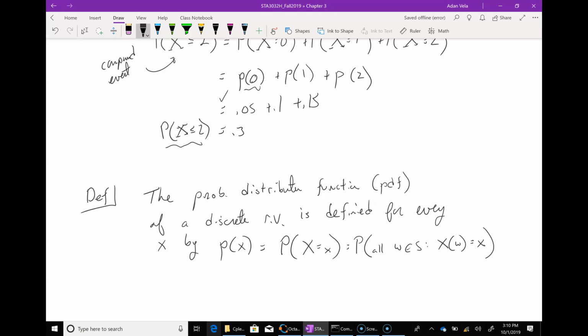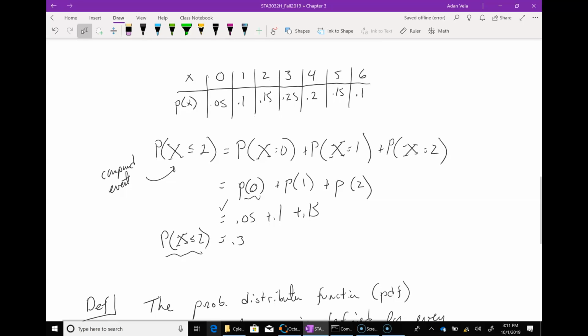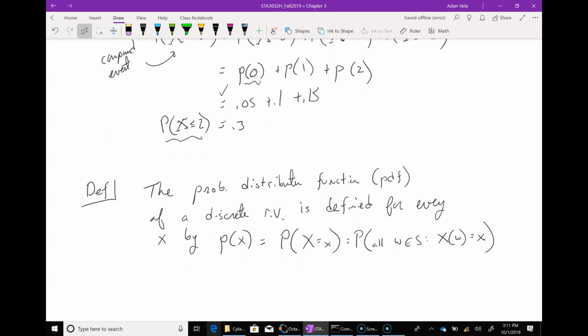Okay, so this is a bit verbose, but essentially what we're saying here is that we have these probabilities that we calculated, or used up above. This is in fact something special, and it's called a PDF, or probability distribution function. It explicitly tells us how probability is distributed over the whole sample space.